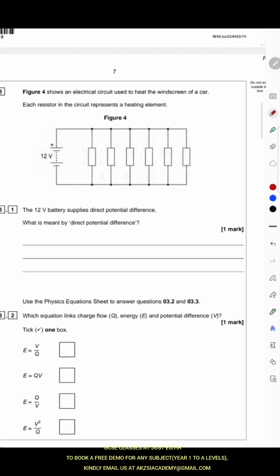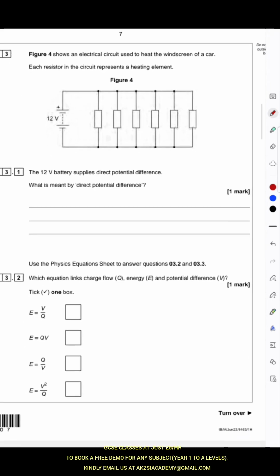Now figure 4 shows an electrical circuit used to heat the windscreen of a car. Each resistor in the circuit represents a heating element. The 12-volt battery supplies direct potential difference. What do you mean by direct potential difference? It all depends on the polarity. In simple words, direct potential difference is one in which the direction of potential difference doesn't change.